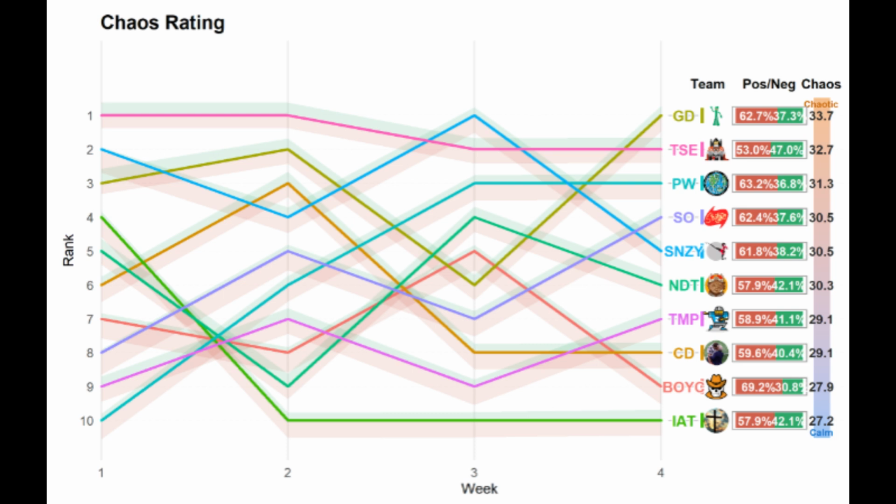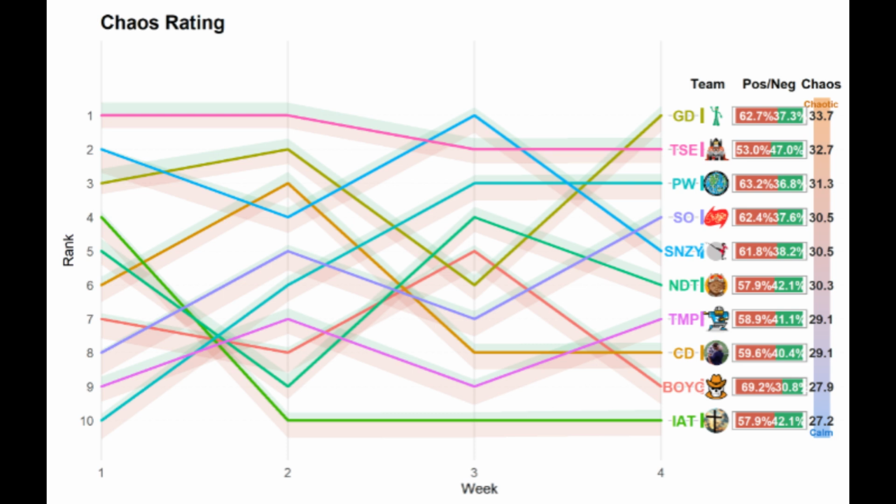So it would normally cancel out to where you'd have a positive or negative, but this is absolute value. So all the way on the right there, you can see your actual chaos rating, which is how many standard deviations away your players have scored relative to their projection, relative to that position in that week. All summed together.